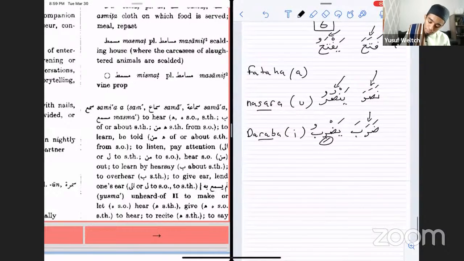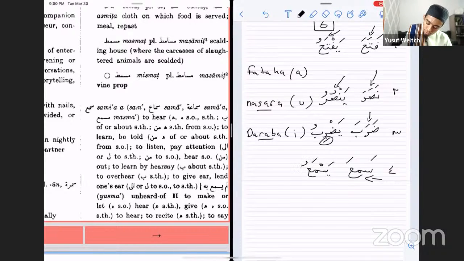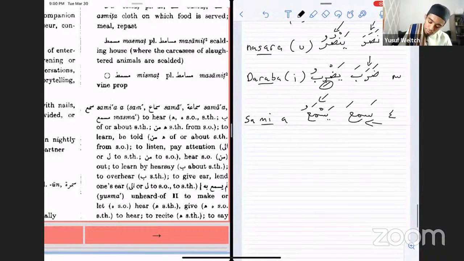The 4th one, so this is 2, this is 3, this is 4, would be just what we used just now, sami'a. The past tense now is showing up with a kasra, yasma'u, the middle letter in the mudari' is fatha. That would show up like we did just now, sami'a yasma'u.